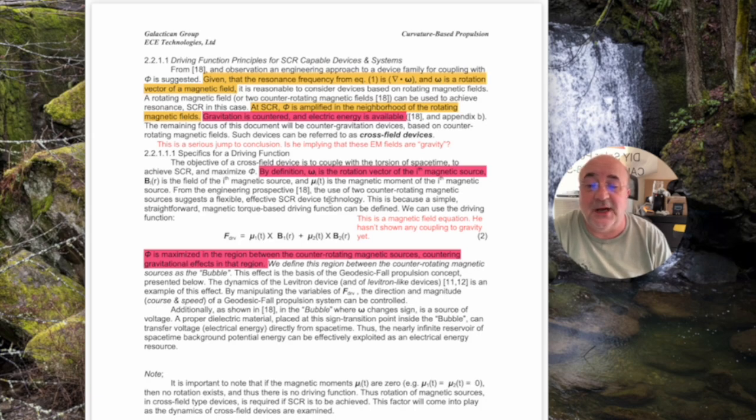We can use the driving function F_drive equals magnetic moment 1 times magnetic field 1 plus magnetic moment 2 times magnetic field 2. Okay, so this is the equation for magnetic potential energy, not force. It's nothing new. We've known about it for decades.